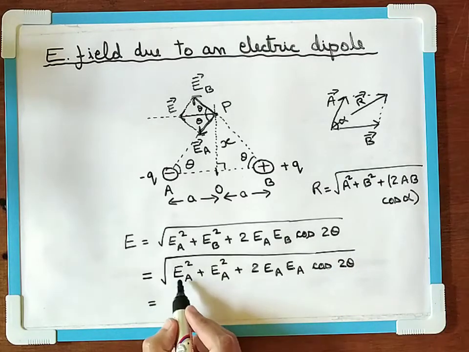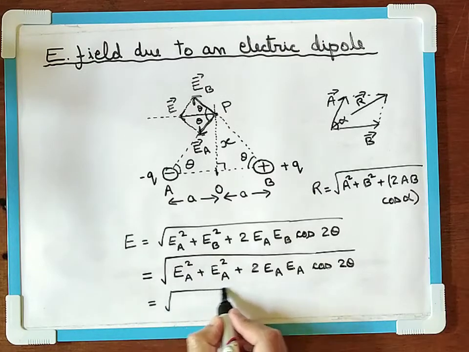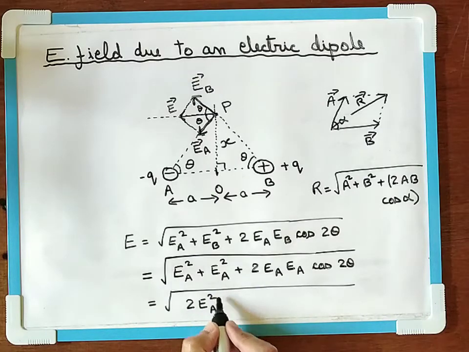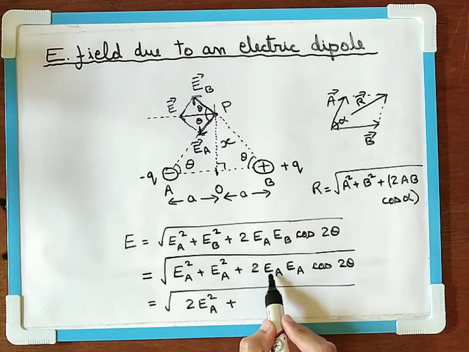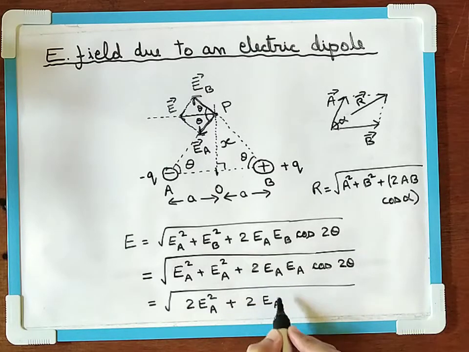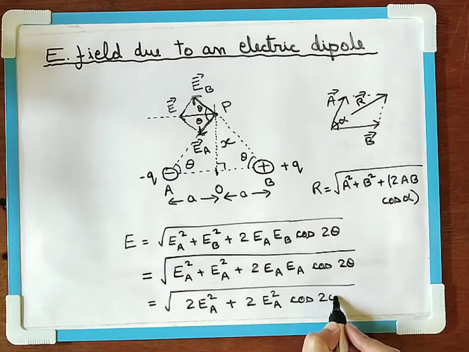Then EA square plus EA square will give you 2 EA square. So here we have root 2 EA square, then plus EA into EA, which is EA square, so we have 2 EA square cos 2 theta.